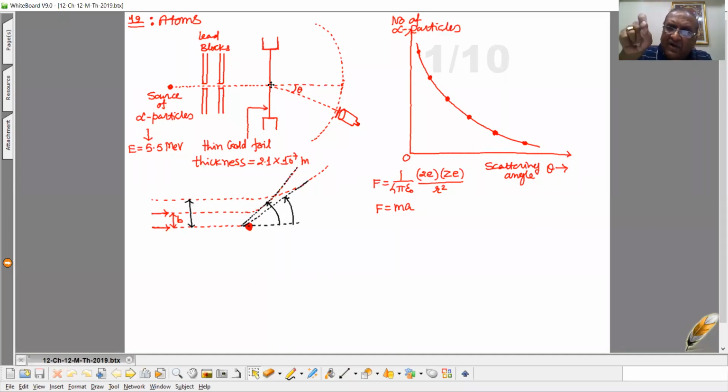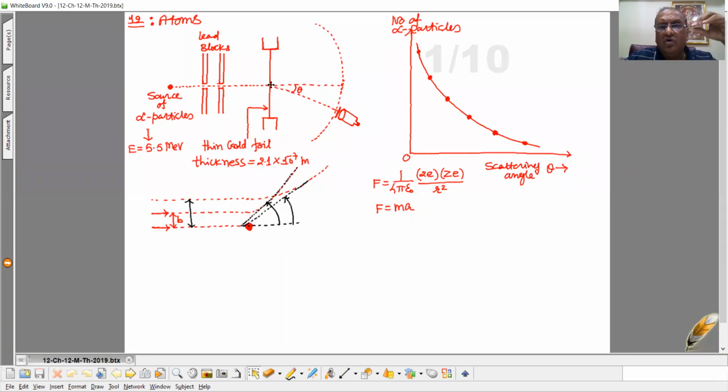That particular small tiny region, in which almost the entire mass, 99.99% of the mass of the atom, is concentrated, is known as the nucleus, and the entire positive charge is also concentrated in that small region.